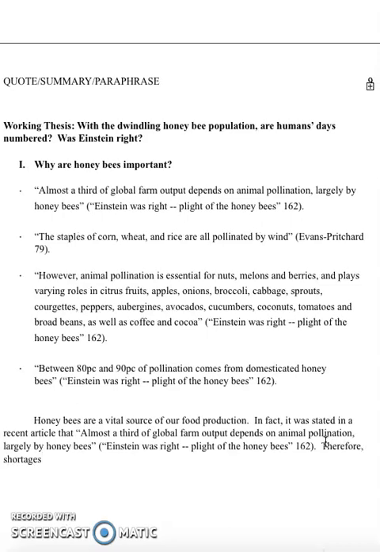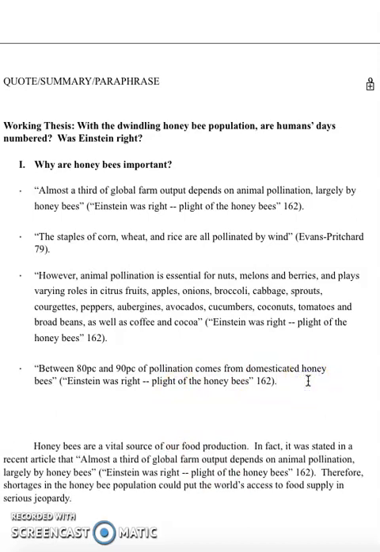So in terms of what I'm talking about, therefore shortages in the honeybee population could put the world's access to food supply in serious jeopardy. Okay, that sounds pretty good. So do you see what's happening here? There's like a system of 3 that's going on.